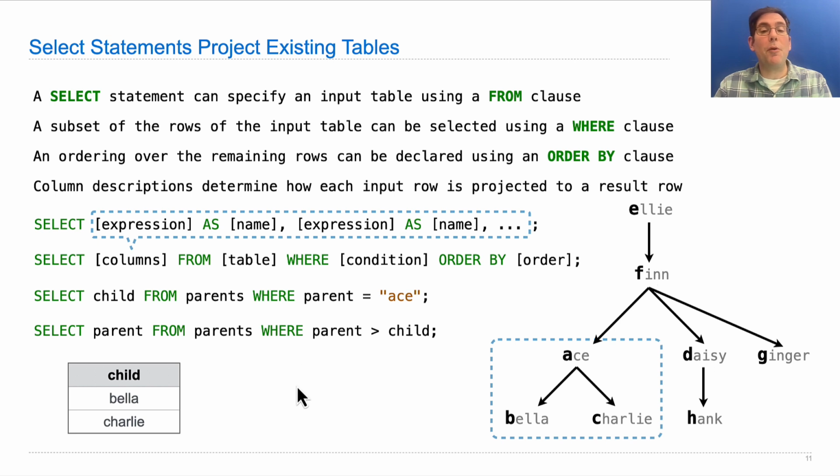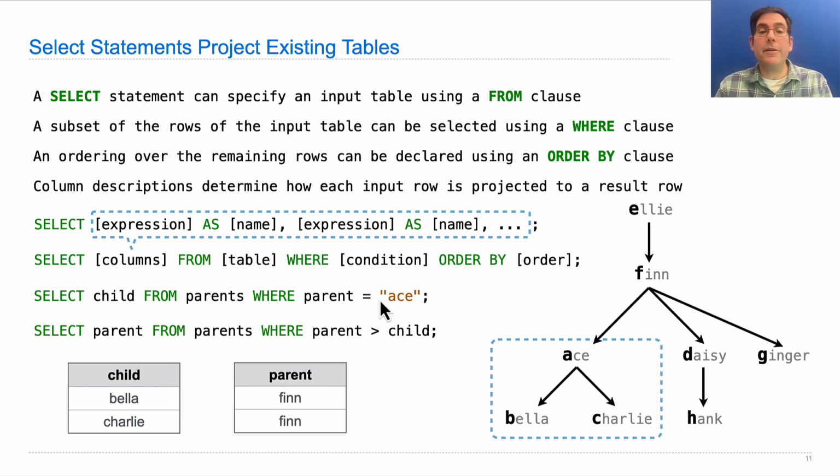So we list both of those rows out, but only the parent. And we get Finn, Finn. This was from Finn Daisy, this was from Finn Ace, but we no longer see the name of the child, so we only see the parent, because that's what we asked for in the column description.